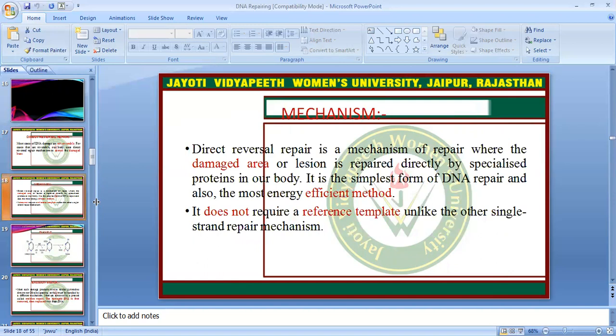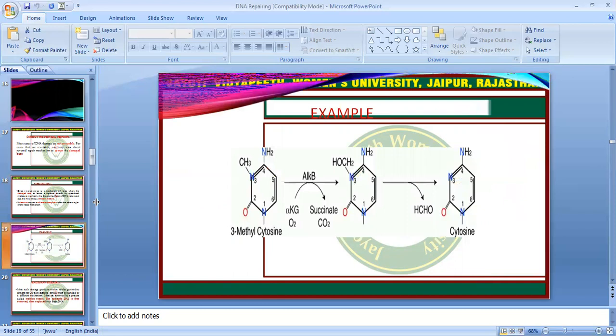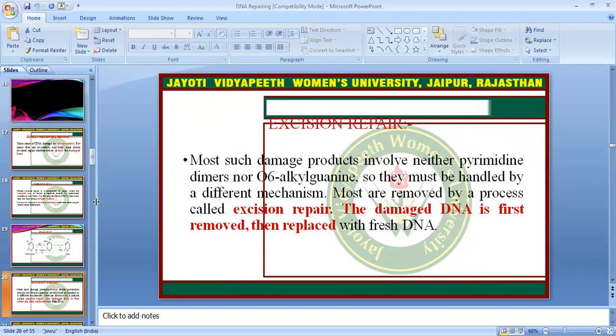It is a mechanism of repair where the damaged area or lesion is repaired directly by a specialized protein in our body. It is the simplest form of DNA repair and also the most energy-efficient method. It does not require a reference template, unlike the other single-strand repair mechanisms. An example is methyl cytosine, which will be converted into the proper cytosine.